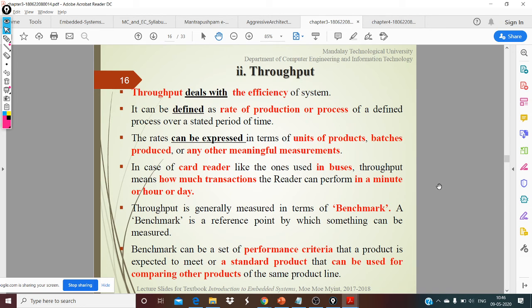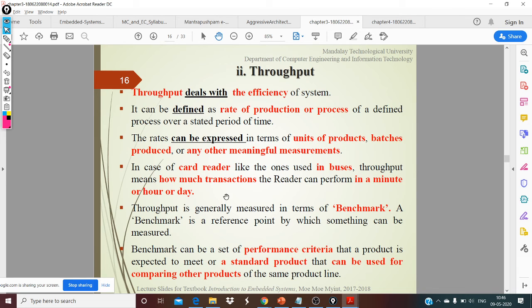You're almost there. Throughput is nothing but how much work is done in a given unit of time. It's very simple. It's a rate of doing work. How much work you are able to do in a given time. In 1 second, how many jobs can you do? In 1 minute, how many jobs can you do? It again depends on the embedded system. Here they're giving the card reader as an example. How many transactions can you do in 1 minute or in one day?